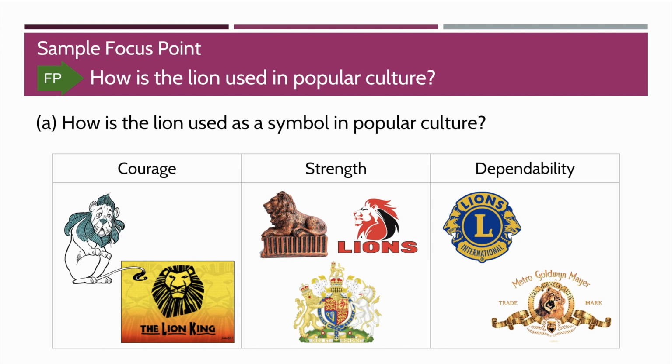This is a very important process which we go through in order to better organize our ideas. We have 2 pieces of evidence under courage, 3 pieces of evidence under strength, and 2 pieces of evidence under dependability. So we're now ready to begin to write our essay.